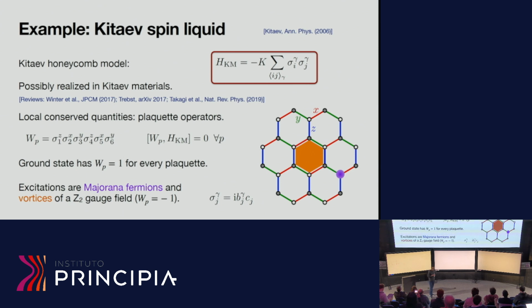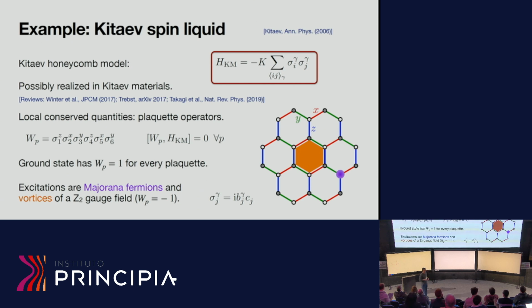You basically write the Pauli operators as bilinears of Majorana fermions. The c's here act as mobile or itinerant Majorana fermions moving on this honeycomb lattice, and the b's are combined to form Z2 link variables that are effectively like a Z2 gauge field.